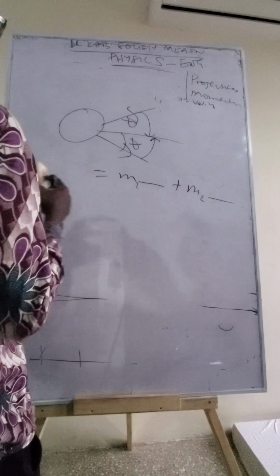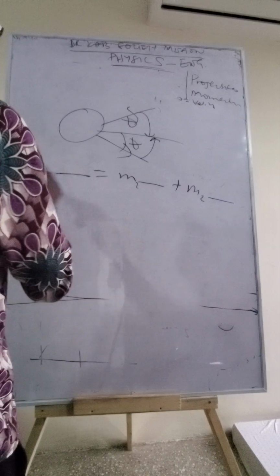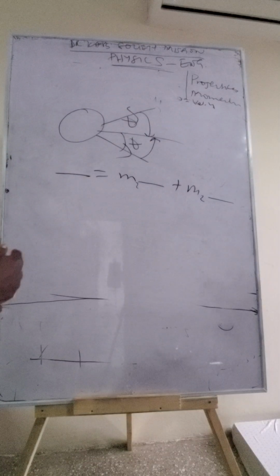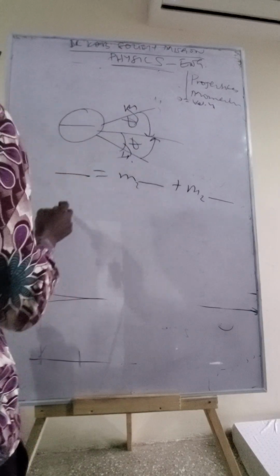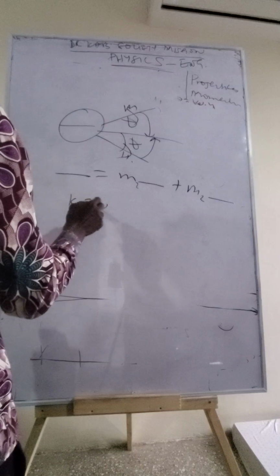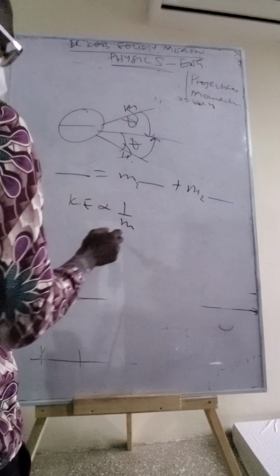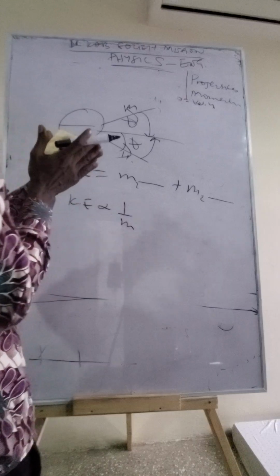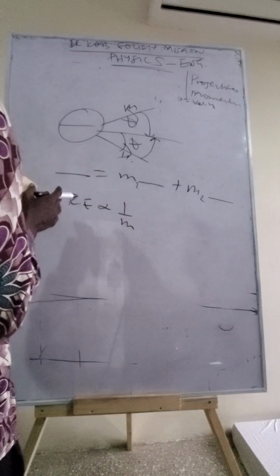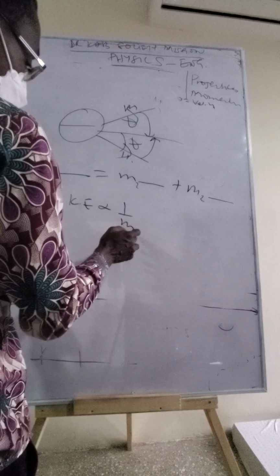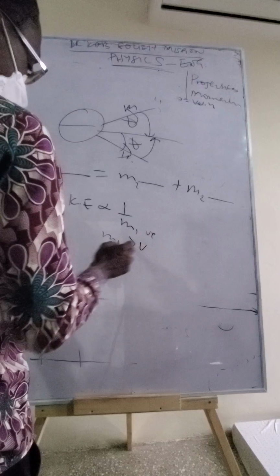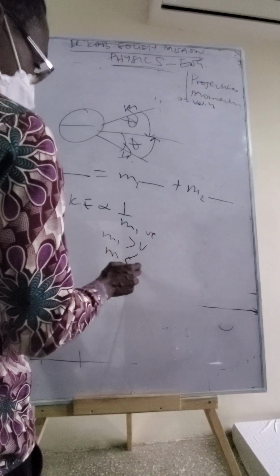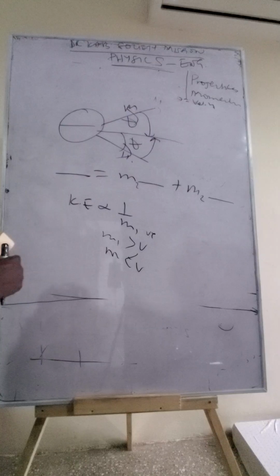Because this wasn't a collision, just before the blast there was no movement. Now let's assume in terms of energy, this moves with mass 1 and mass 2, the kinetic energy will be inversely proportional to the mass. So for energy to be conserved, the smaller mass will move with a bigger velocity, and the bigger mass moves with a smaller velocity. That's the analogy I want to give in this case.